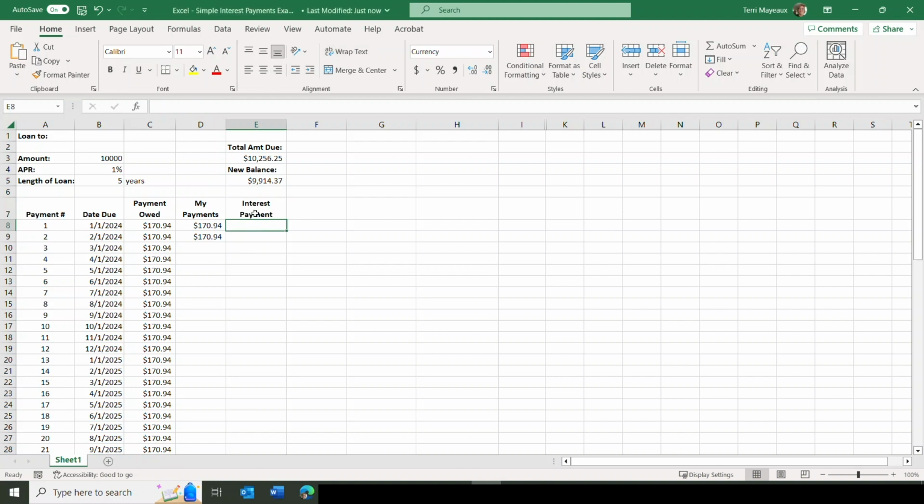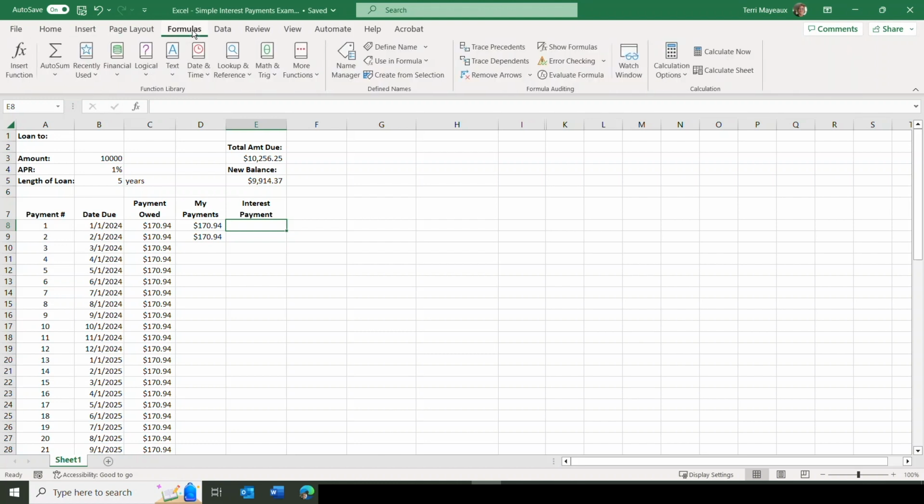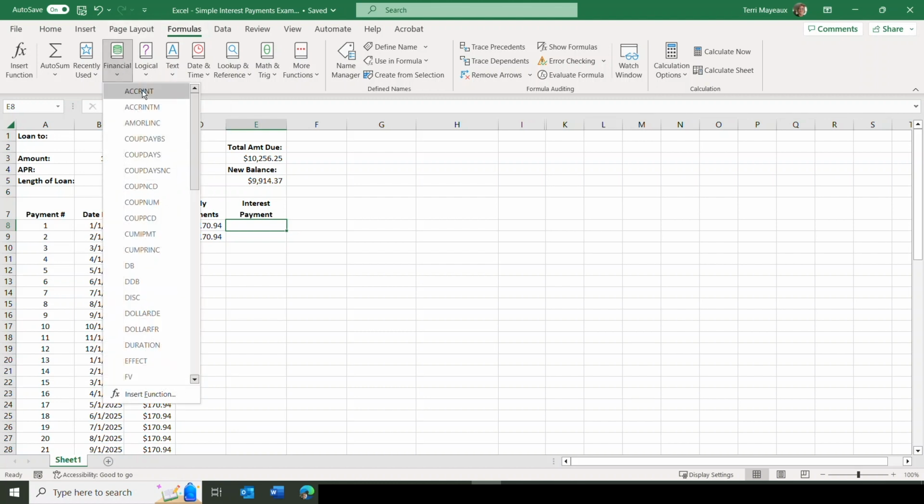And then in E8, how could we figure out the interest payment? Well, in fact, it's very similar to how we first figured out the payment that was owed. So we're going to go back up to the Formulas tab above the ribbon. And interest payment is also a financial function, so we'll click on Financial.